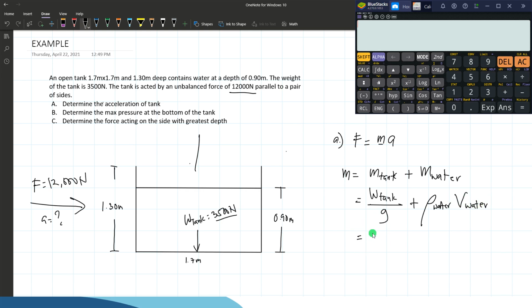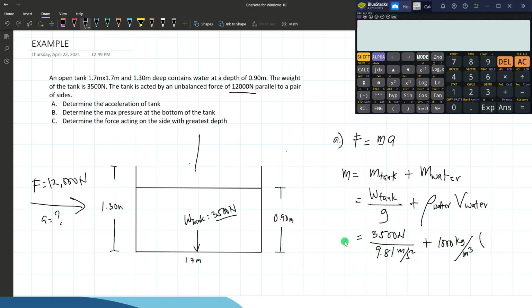We have 3,500 newtons to be divided by 9.81 meter per second squared, plus the mass density of water, which is 1,000 kilograms per cubic meter.